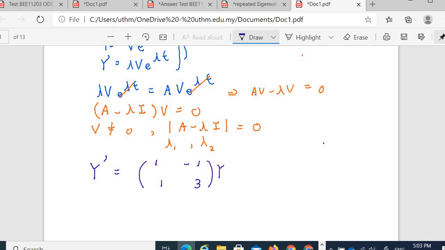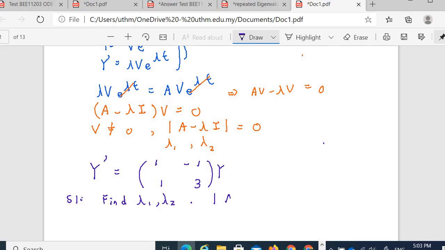Solving this homogeneous system means we want to solve for y. So first step, we are going to find the eigenvalues, lambda 1 and lambda 2. How do we find lambda 1, lambda 2?